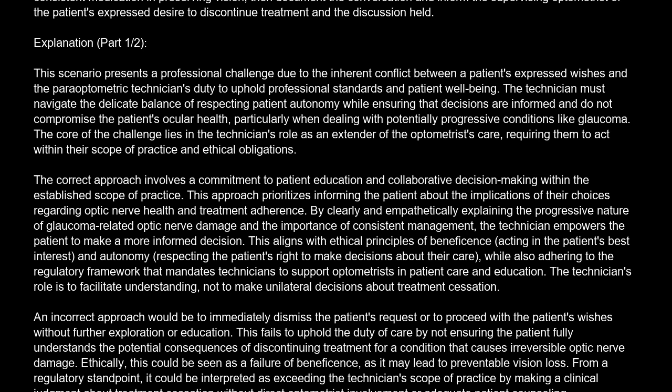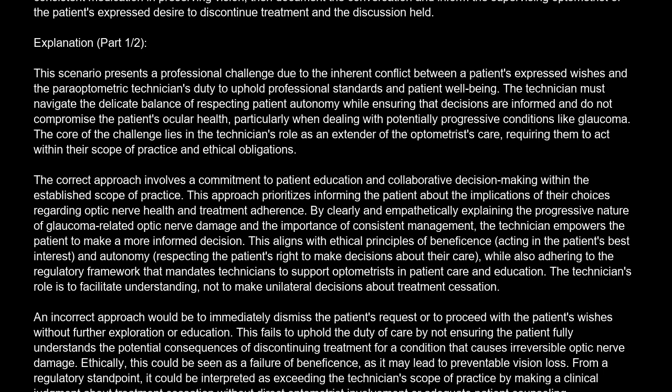This aligns with ethical principles of beneficence, acting in the patient's best interest, and autonomy, respecting the patient's right to make decisions about their care, while also adhering to the regulatory framework that mandates technicians to support optometrists in patient care and education. The technician's role is to facilitate understanding, not to make unilateral decisions about treatment cessation.